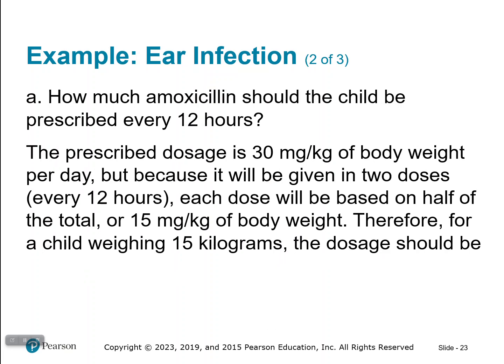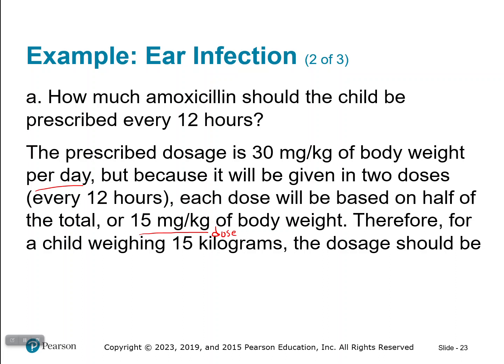Okay, so to start with, how much amoxicillin should the child be prescribed every 12 hours? Now keep in mind, the dosage is 30 milligrams per kilogram of body weight per day, but it's going to be given in 2 doses every 12 hours. So 30 per day, that tells me it's 15 per dose, right? 15 milligrams per kilogram of body weight per dose.